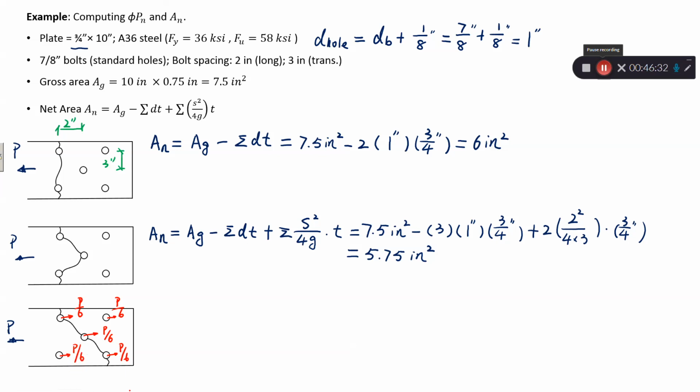All right. However, if it's fractured along the path like this, so let's take it out. Okay, so let's separate the right portion.